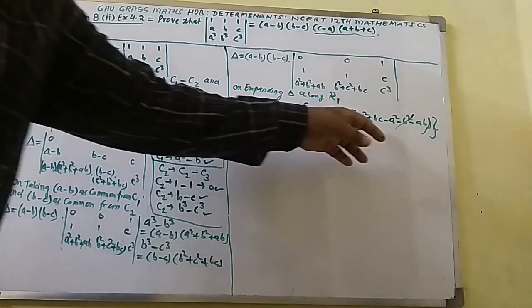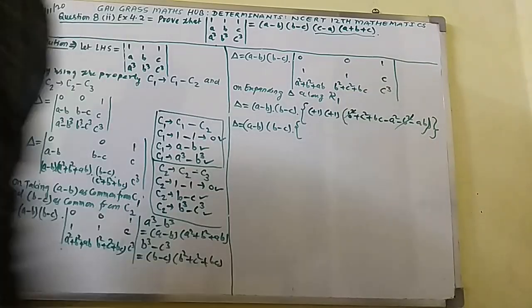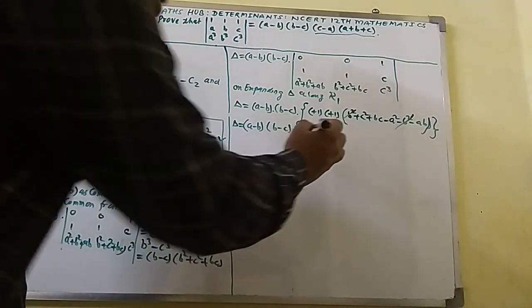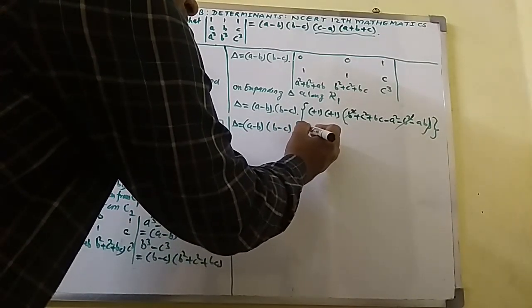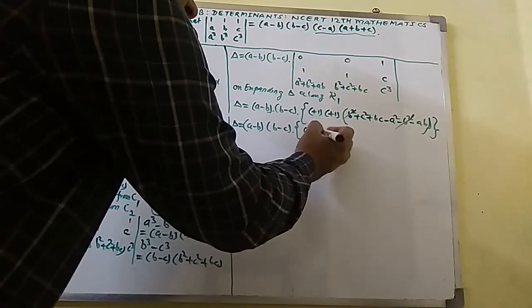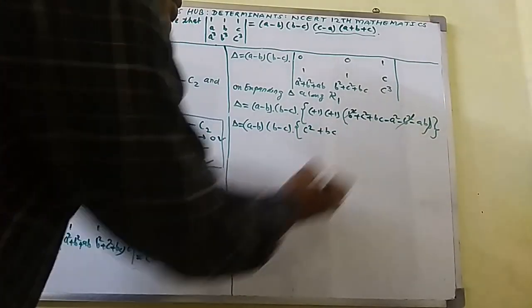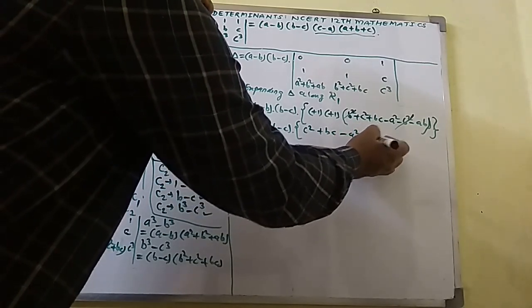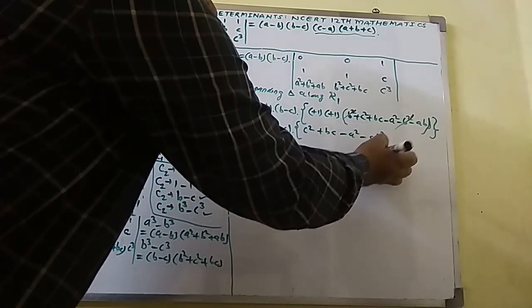And here you can see bc minus ab is there. Can't be cancelled out. So just here write whatever things are left here. So here I can write very well c square plus bc minus a square minus ab. This thing I can write very well.